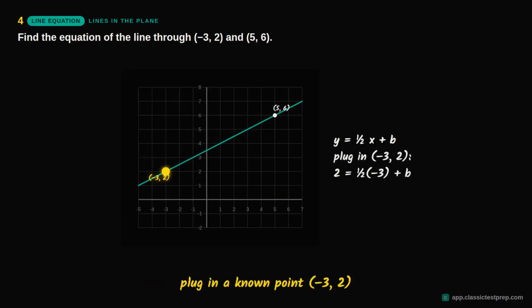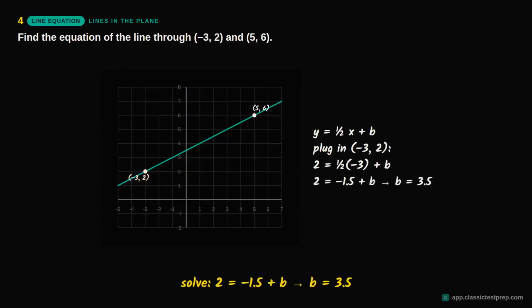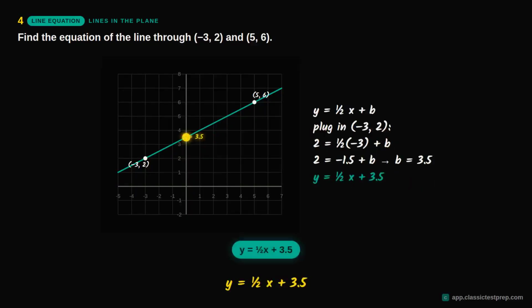So if we plug in those values into our equation, 2 is equal to 1/2 times -3 plus b. Solving for b, we get 2 equals -3 over 2 plus b. We add 3 over 2 to both sides, and we get 3.5 is equal to b. So the equation of this line is y equals 1/2 x plus 3.5. So we can find the equation of a line even if we're only given 2 points on that line.